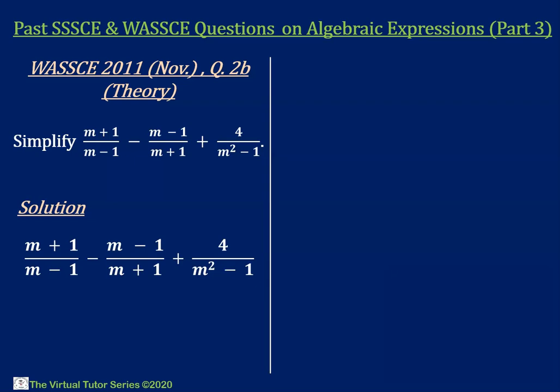Both m minus 1 and m plus 1 are factors of m squared minus 1. Therefore, the LCM of the denominators is m squared minus 1, or the factorized form into bracket m minus 1 times into bracket m plus 1.